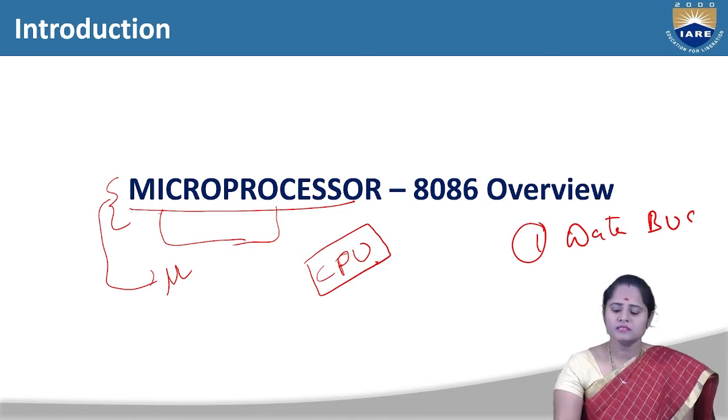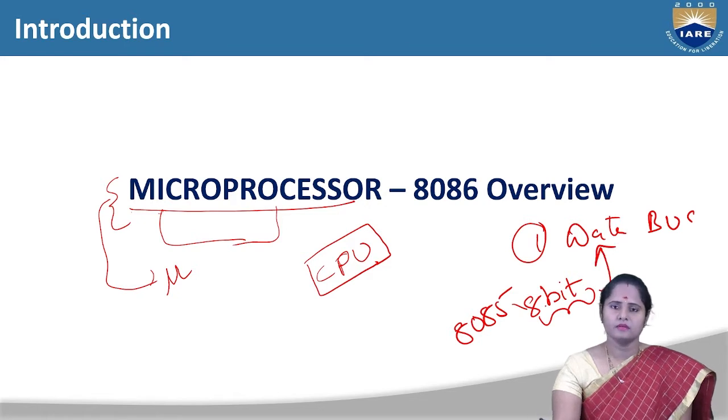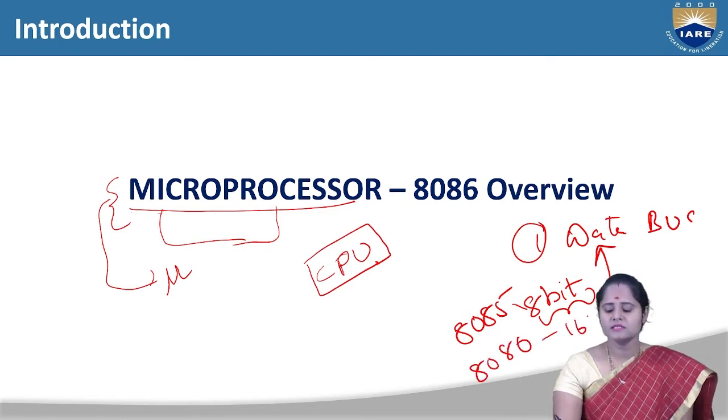Suppose the 8085 is an 8-bit processor. It means the data bus carries 8 bits, so it can process only 8 bits. Now the 8086 is a 16-bit processor, which means its data bus carries 16 bits.